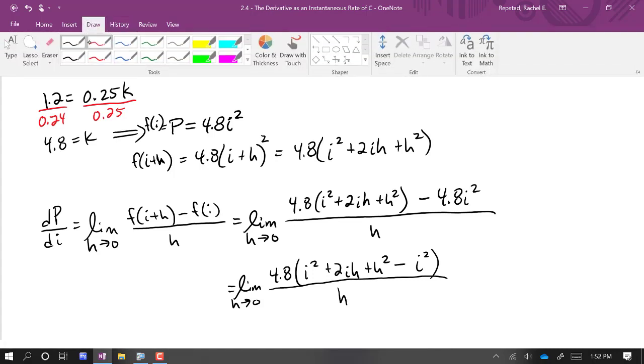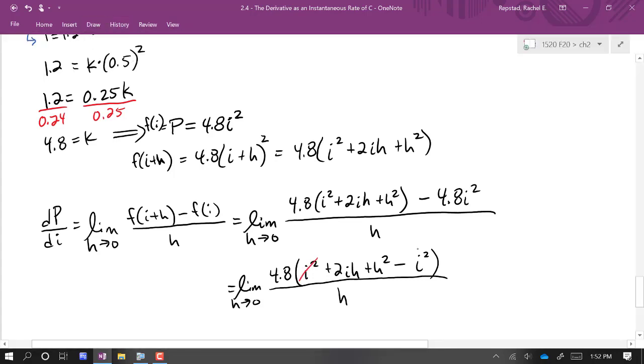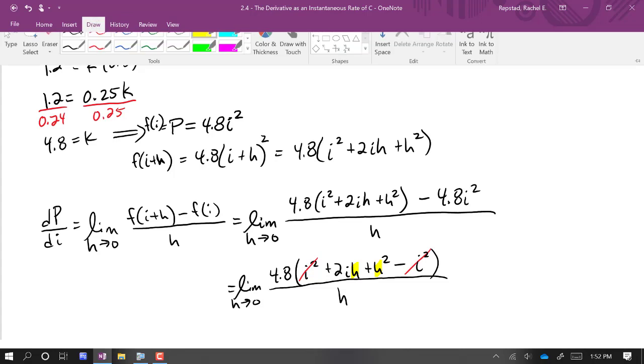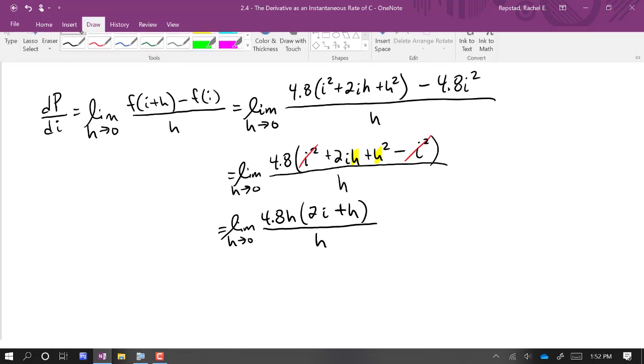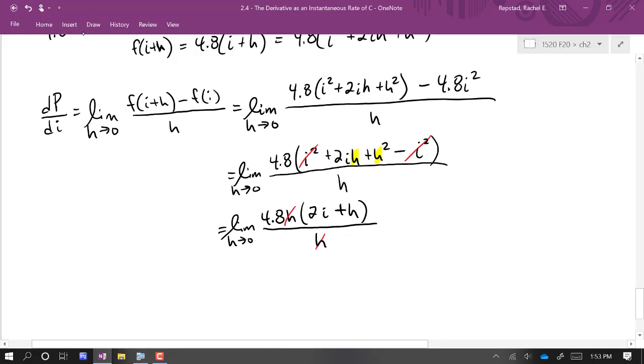In the numerator we can cancel the plus I squared and the minus I squared. Now everything left up there has a factor of h, so let's take that out. Taking out the h, we've got 4.8 h times (2I plus h). And now that we've taken out the factor of h, we can cancel it with the h in the bottom.